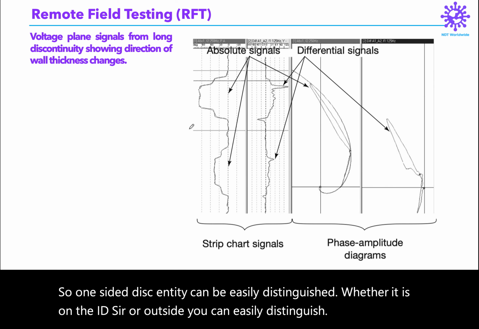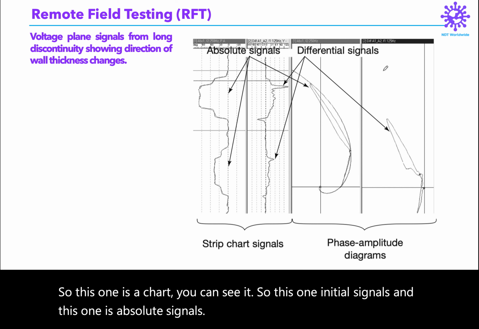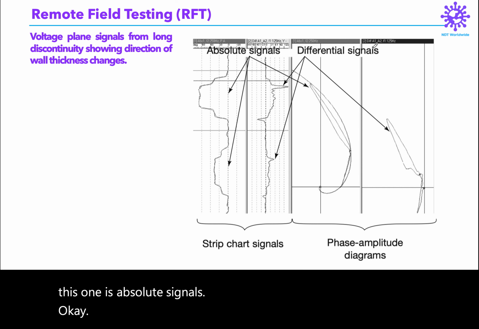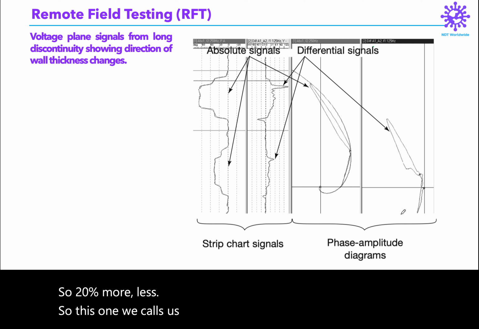So this one is the chart, you can see it. This one is the initial signals and this one is the absolute signals. Okay, this one is a difference and this one is a differential. So 20% wall loss. This one we call a strip chart and this one is a phase amplitude.